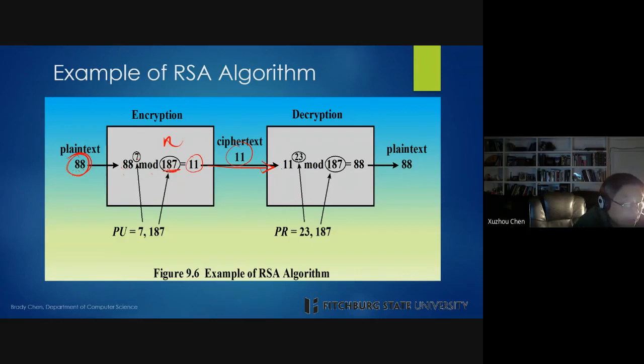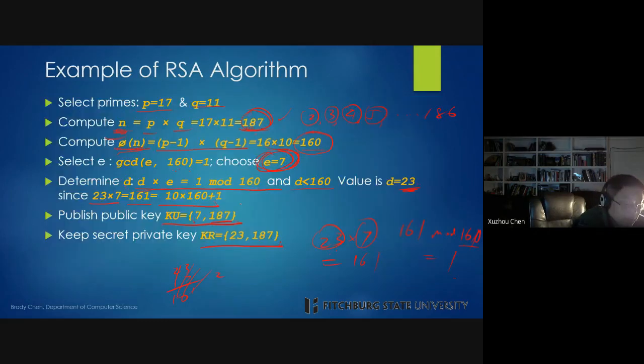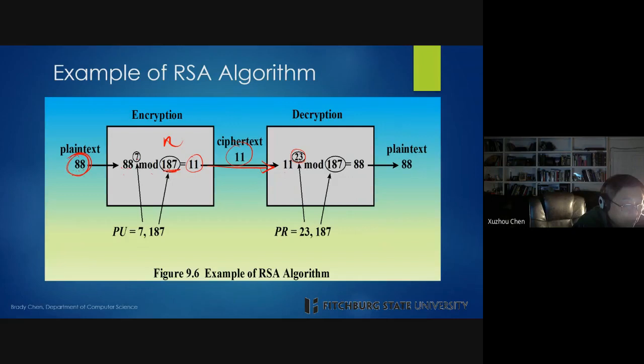On the destination, with the ciphertext 11, you use the private key, which is 23, right? You compute 11 to the 23 modulo 187, and you will find it's 88. So that's the plain text. You can encrypt the message, and you can decrypt the message. That's RSA.